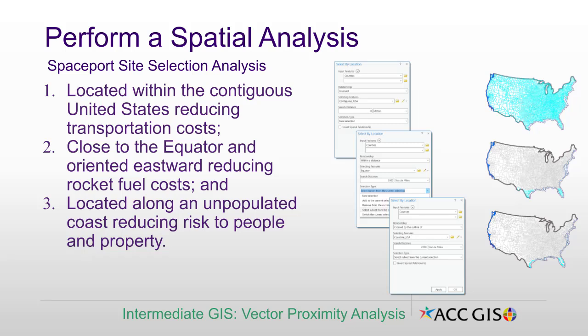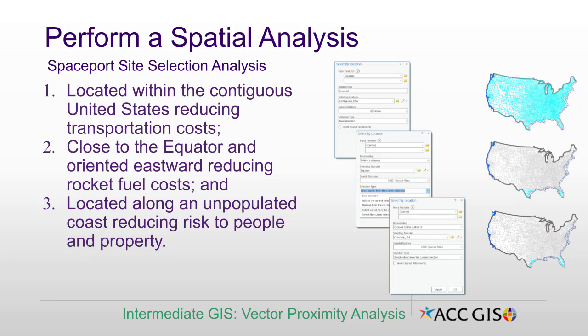This allows me to utilize the selection set from the previous step in this step. And when I click Apply, you can see that results in only counties that are in the very southern portion of the United States, including counties in Texas, a few in Louisiana, and then some in Florida as well.